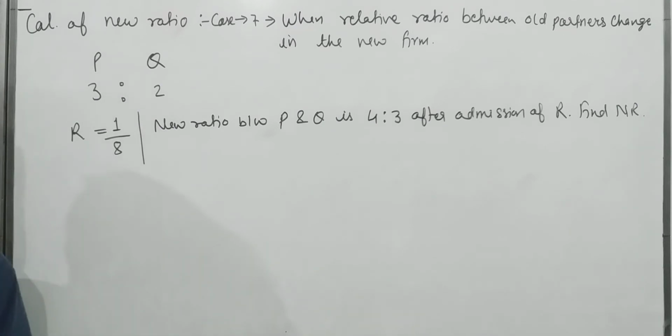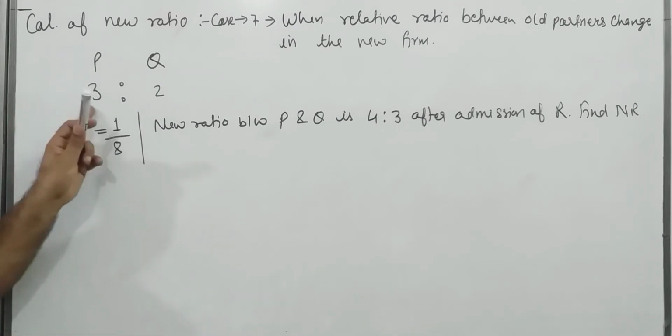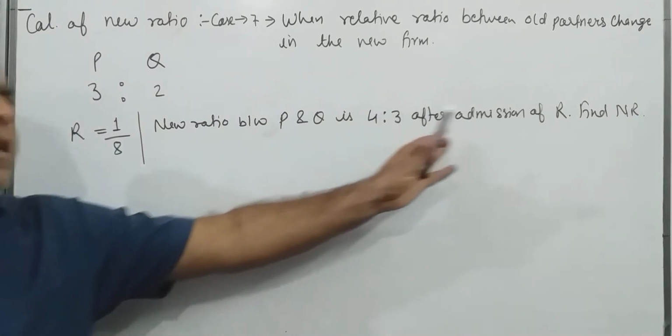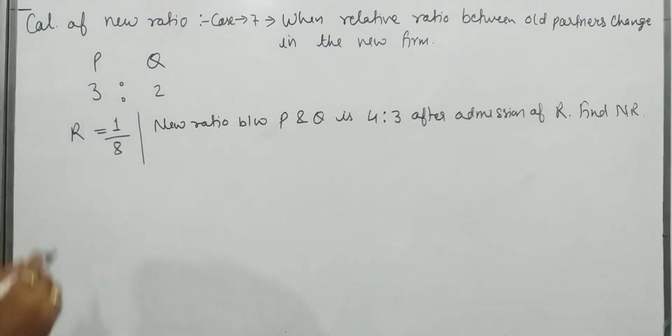So this is the condition where P and Q have decided their new ratio after admission of R. So how to determine the new ratio?